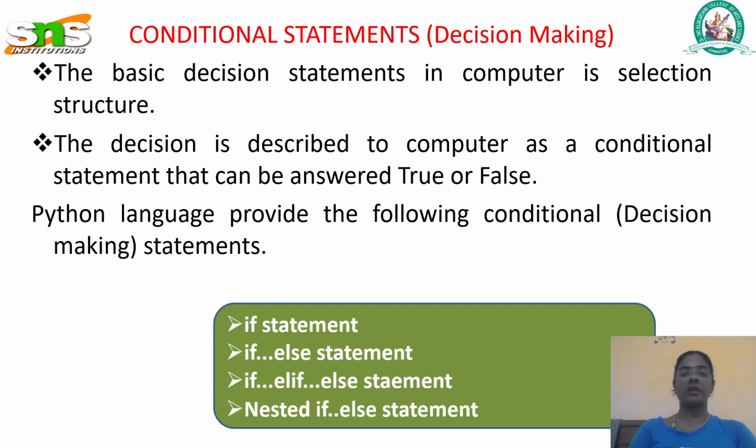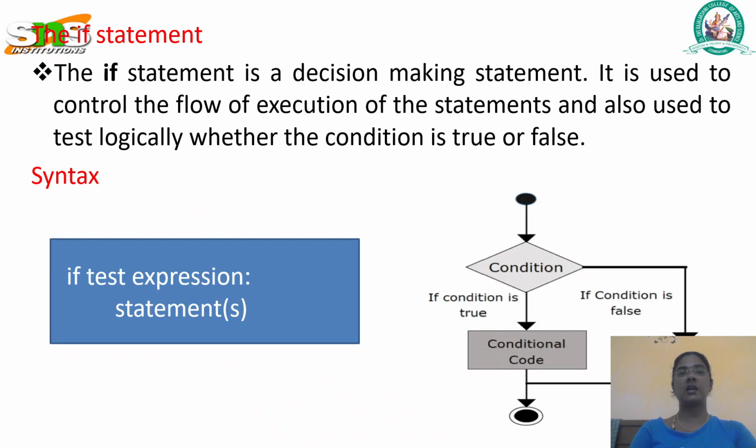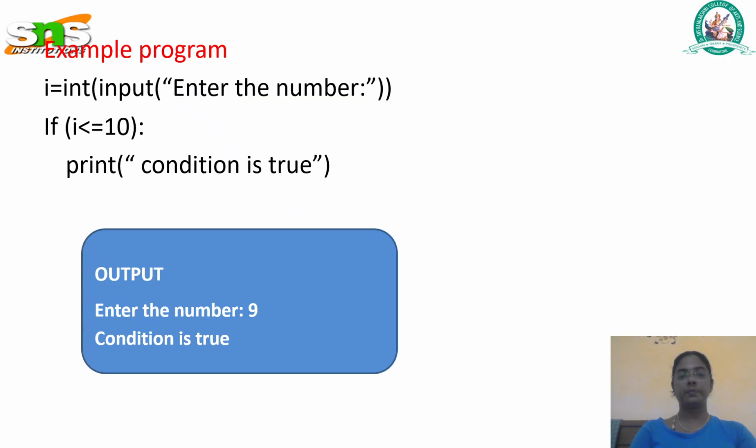We can have if else, else if and nested if else statements. The if statement is not only used for decision making, but also controls the flow of execution of statements, and tests logically whether the condition is true or false. Whenever a condition is entered, it will be verified. If the condition is true, that particular code will be executed. Otherwise, if the condition is false, it comes out of the if.